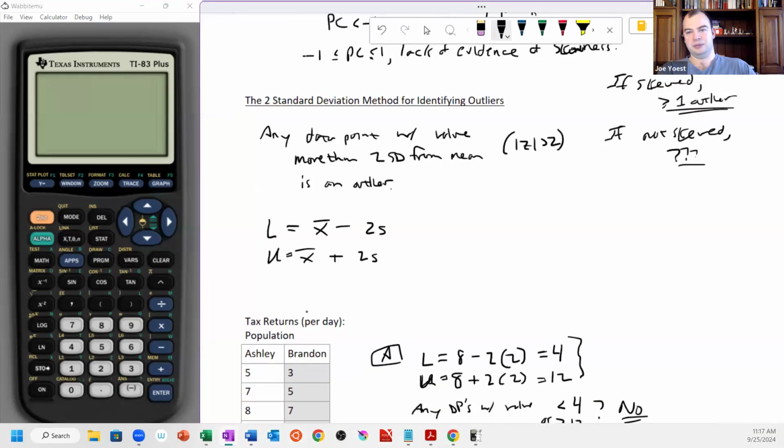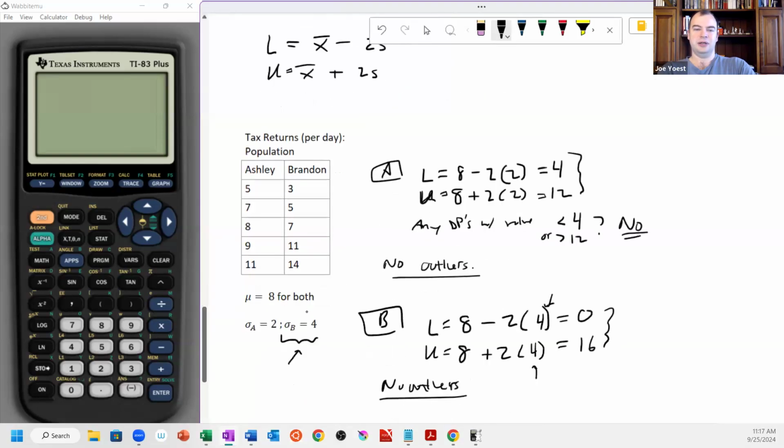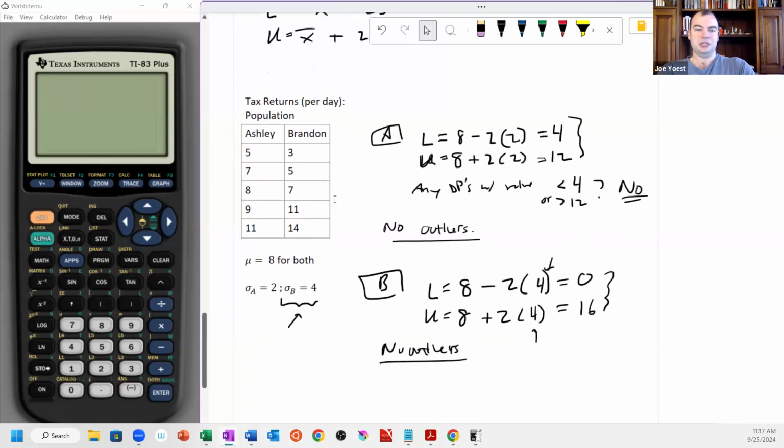That's another way to think about this: we could search for any z-scores that are less than -2 or bigger than +2. So we could even have Excel do essentially all of the lifting for us if we constructed a z-score.